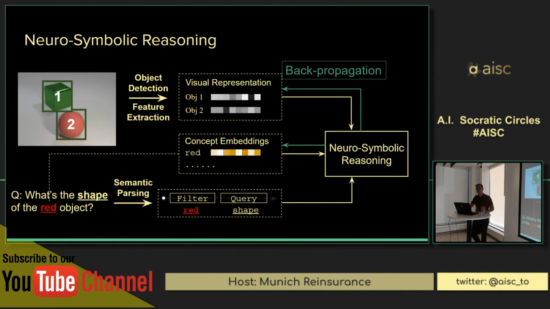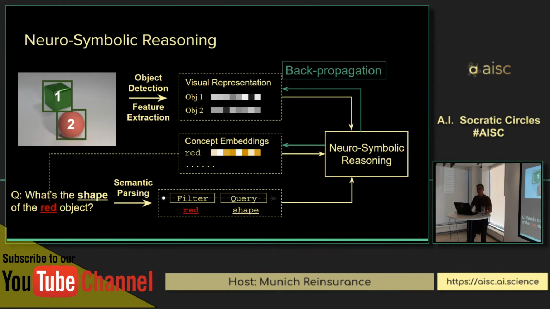In the neuro-symbolic reasoning process, all operations are executed based on the similarity between different objects, attributes, and concepts in the latent embedding space. Thus, the derived answer is fully differentiable with respect to the visual representation of the object, as well as the concept embedding.